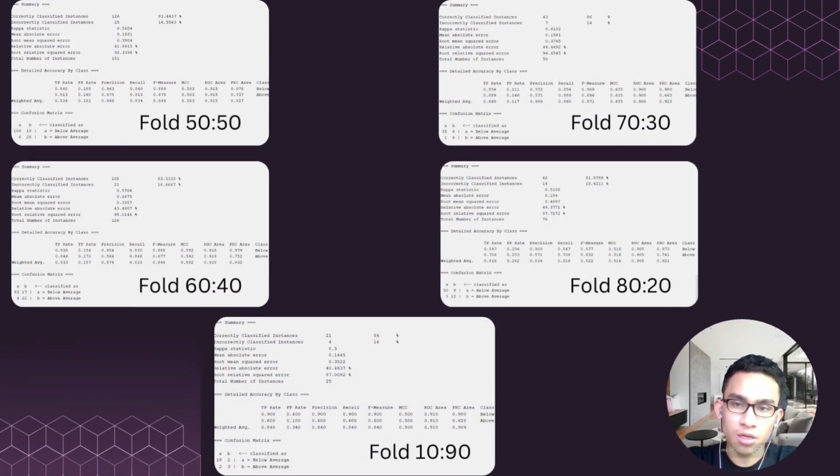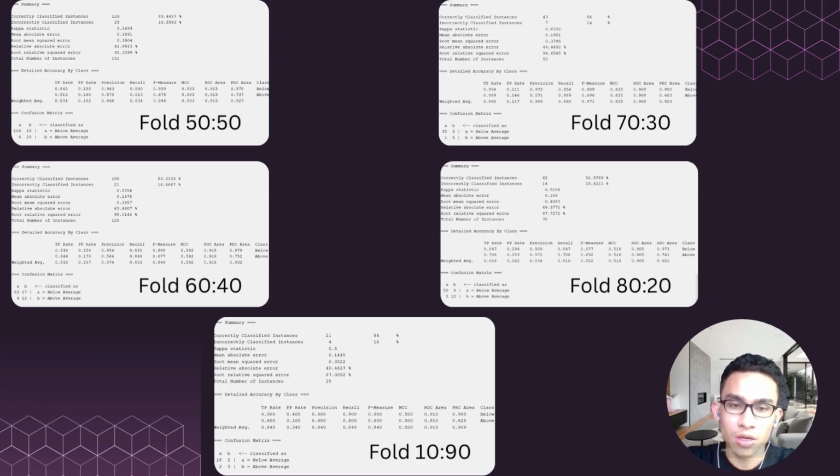By doing this, with the help of Weka, we managed to get all the results, including the accuracy, precision, recall, error rate, and F1 measure values. I forgot to mention that the matrix coefficient has been used as our assistant during the model evaluation process.